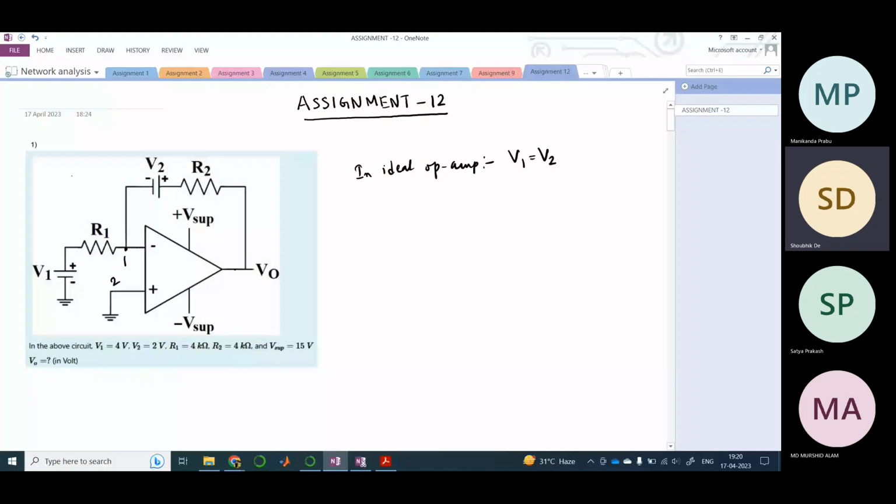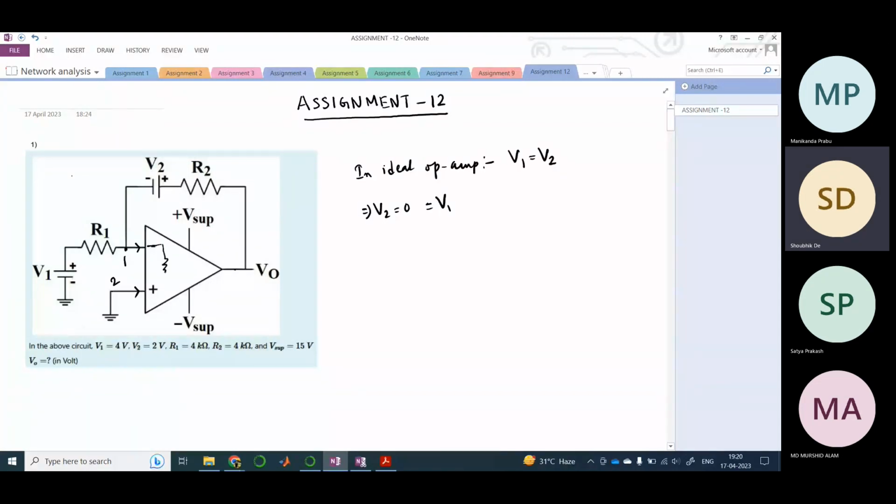Okay. And in this problem, you clearly see that V2 is grounded, right? If V2 is grounded, then it is equal to 0, and therefore your V1 will also be equal to 0. Because we already saw that the op amp has infinite input impedance, the open loop gain is infinity, therefore no current would flow through this path.